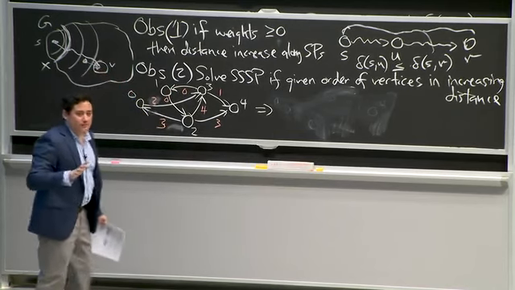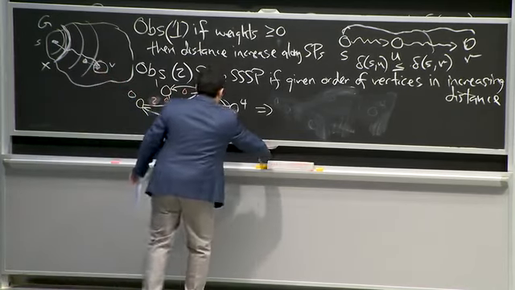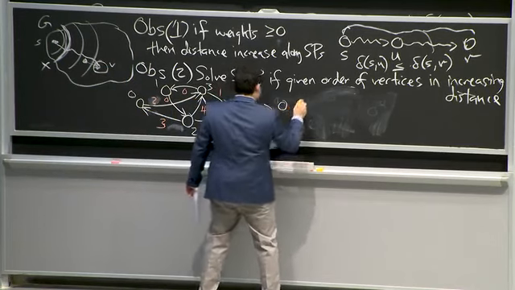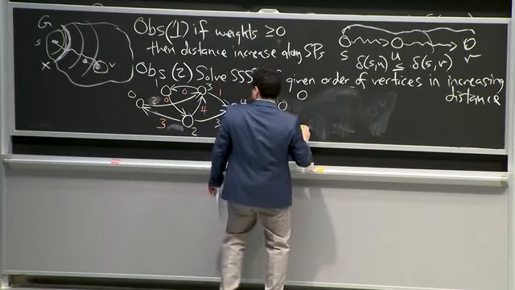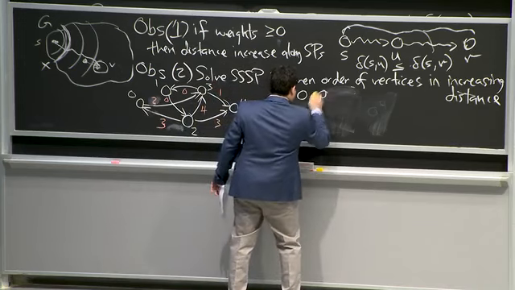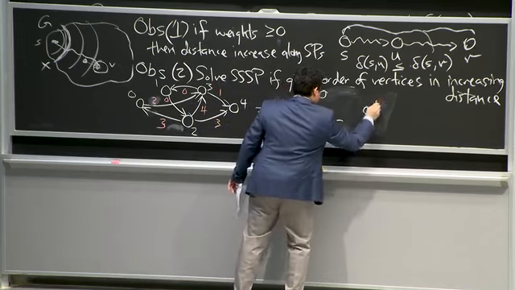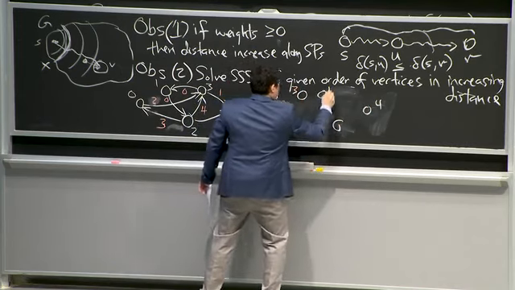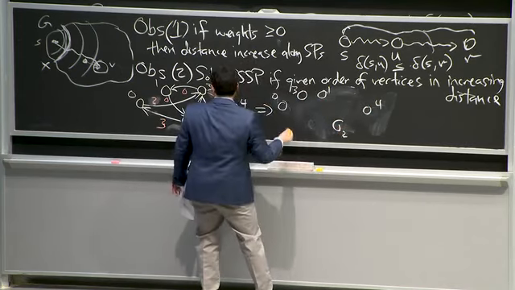So I'm going to do that, okay? So let's convert that into a graph with a different ordering. Zero, 3 now, 1, 2, okay?